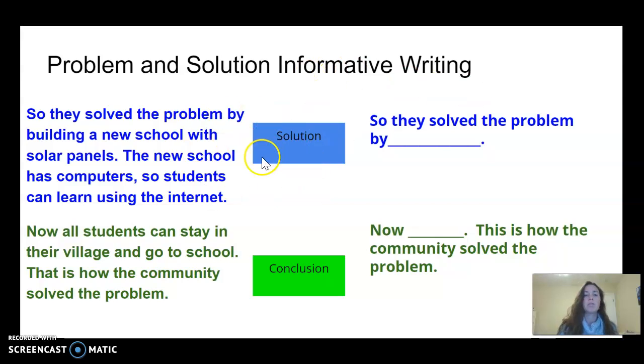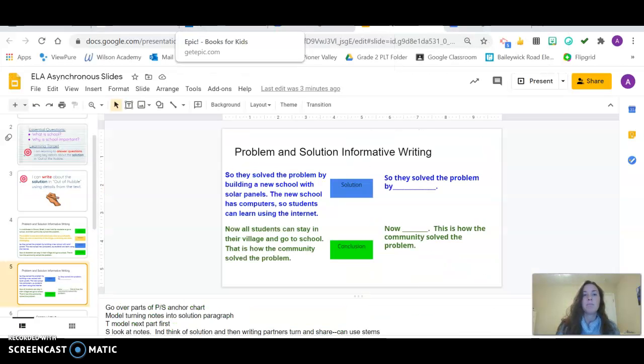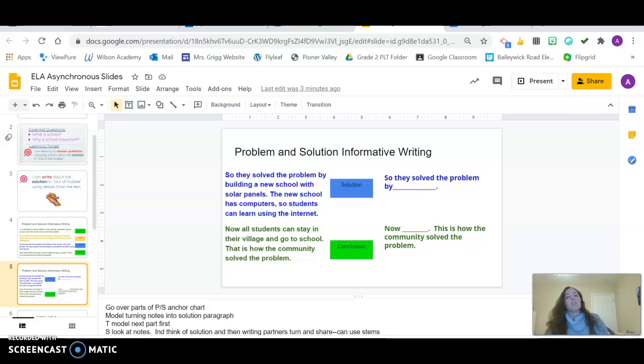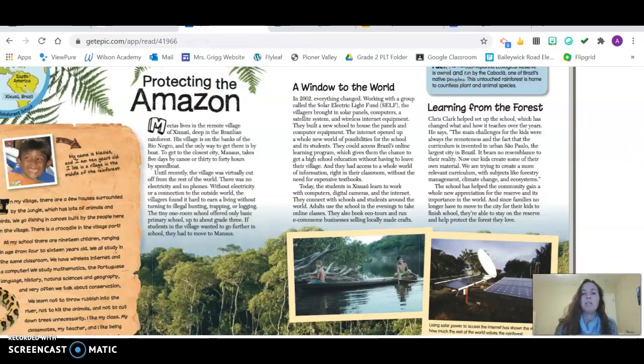I wrote for the solution about the story Protecting the Amazon. This is the story and what it looked like. So I'm writing about just the solution. I'm going to use this part of the text to help me answer this question. So I said, so they solved the problem by building a new school with solar panels. The new school has computers so students can learn using the internet.